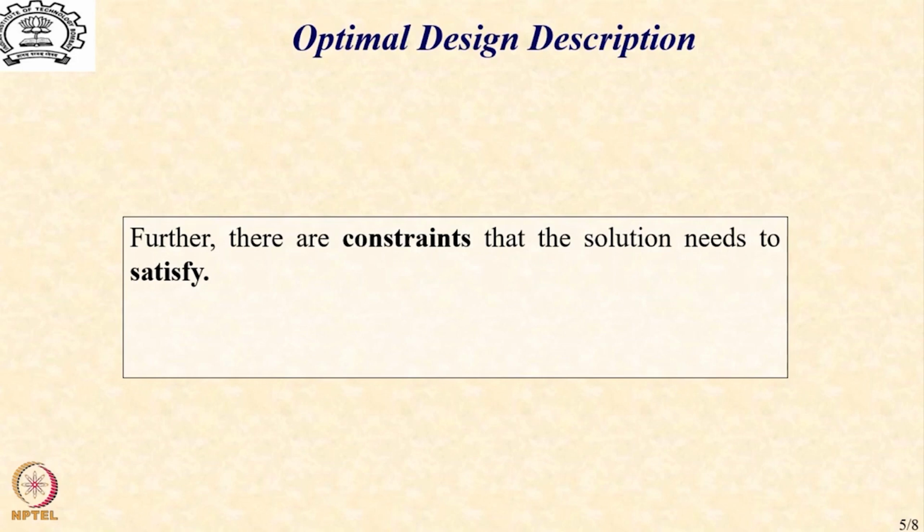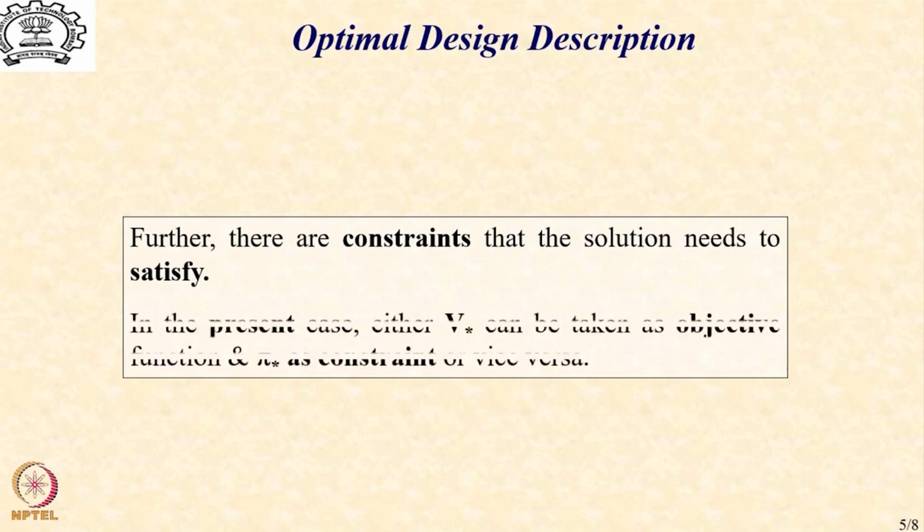The implication of constraints is that you are now defining the boundaries of your design space within which the best possible solution must be searched. So the constraints essentially define the boundaries within which you must look for a solution.